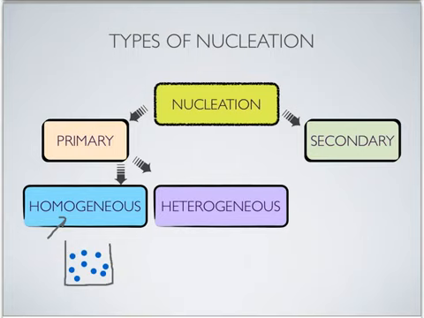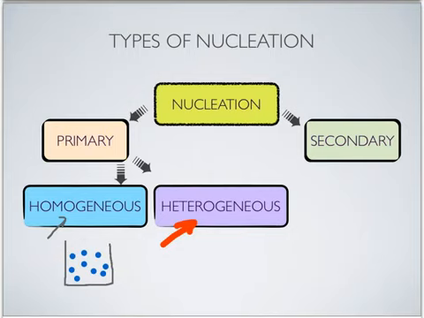In this case, the type of nucleation that can occur is called primary homogeneous nucleation. Homogeneous nucleation very rarely occurs in practical food processing conditions. On the other hand, in the food industry we commonly have heterogeneous nucleation, which is initiated by contact with foreign particles or a surface in the solution.